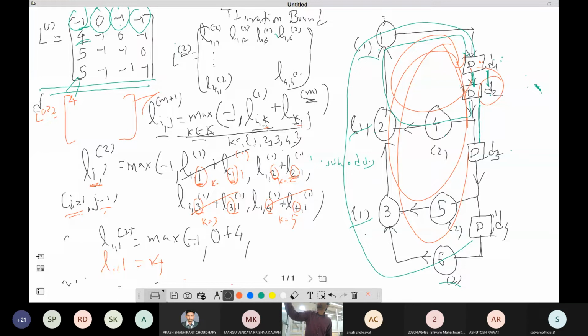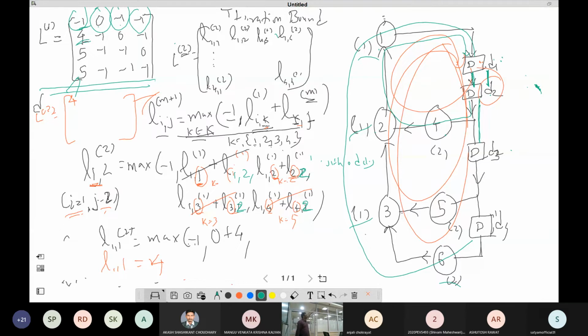L12 means my j value is now 2. The j value is 2, so that means every time j is used, I am over here. That means here there will be a change where I need to write it down 2. Here again I need to write 2. Here again 2. Here I am again writing 2.